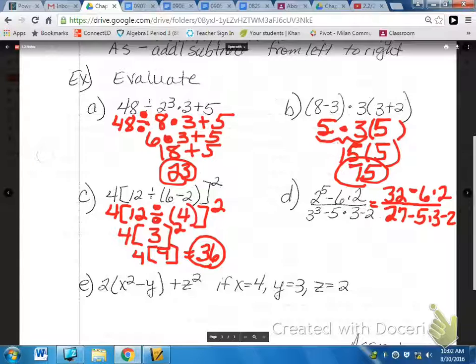Okay, and next, then 32 minus 12 on the top, 27 minus 15 on the bottom.